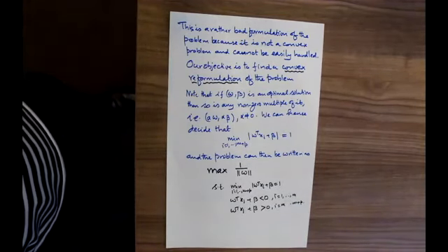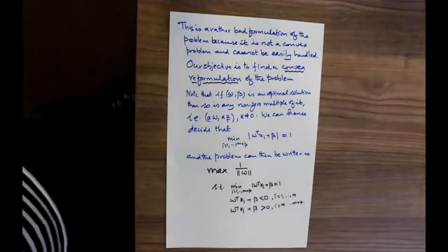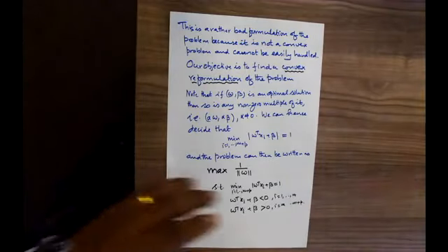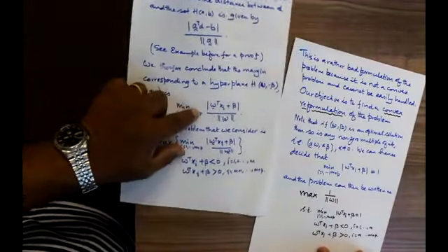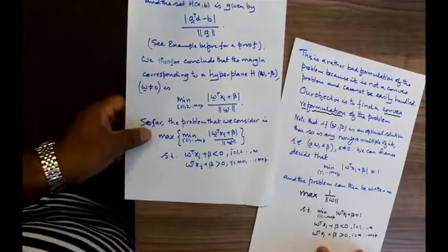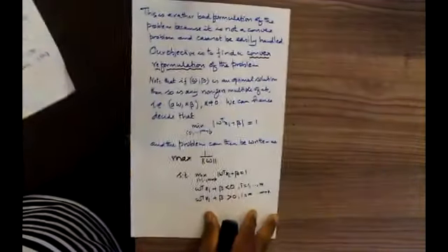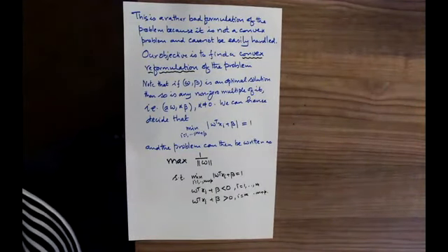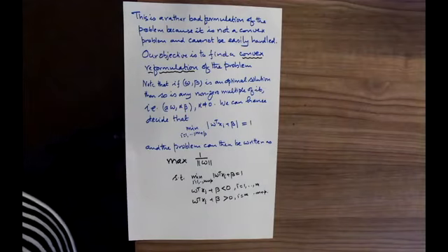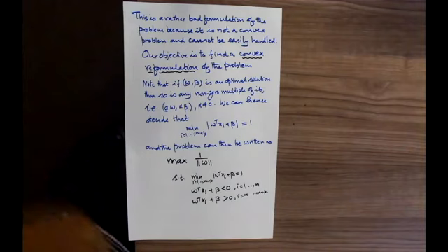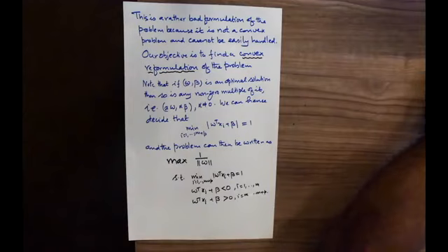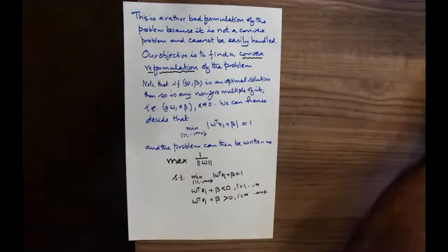Therefore, that problem now simplifies to maximizing 1 over the norm of W, with that restriction put in there, and then you have this condition. Still, it's not a convex problem, and you see that maximizing 1 over omega is the same as minimizing omega squared.